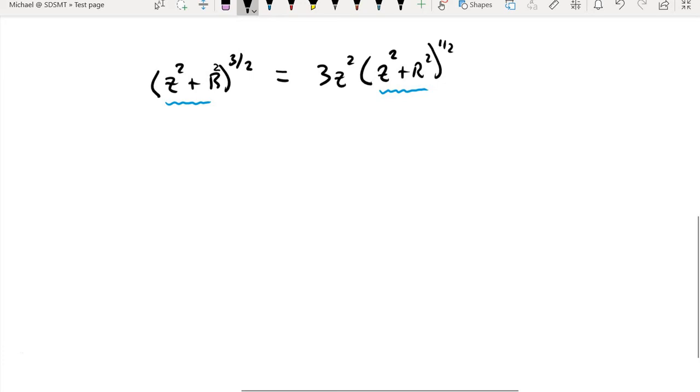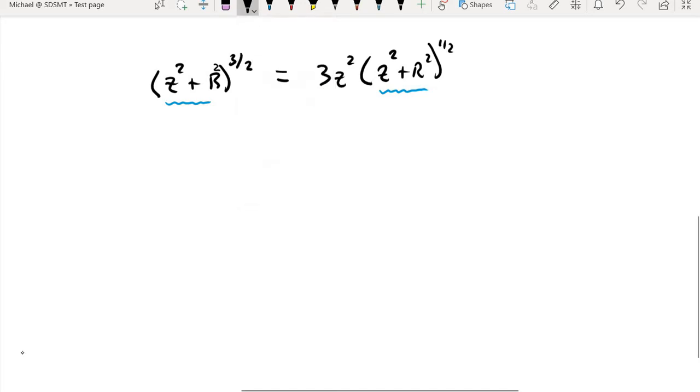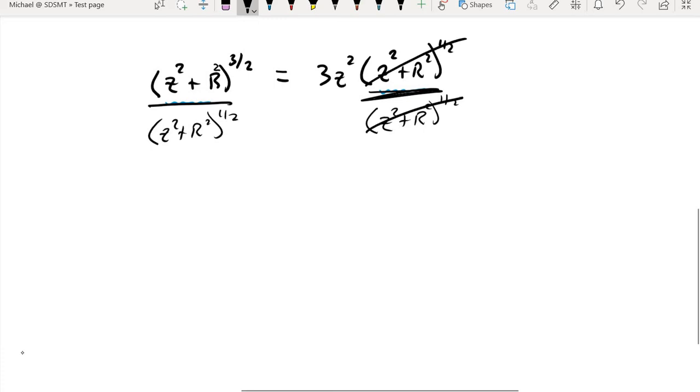And so I'm going to divide each side of the expression by the z squared r squared to the 1/2 power. And that will get rid of those terms over there.